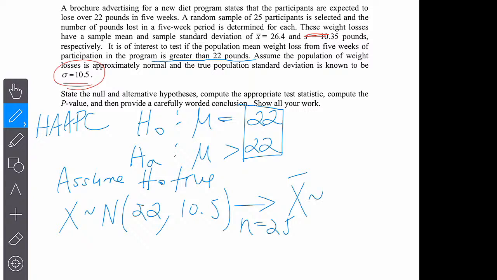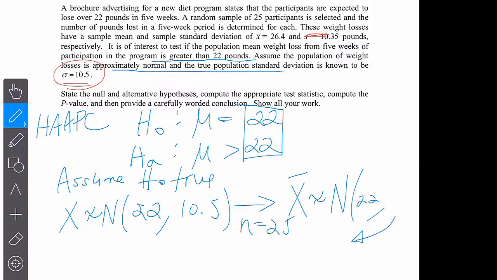Does it say anything about normality here? Yes. It tells you approximately normal. So this is saying that this is approximately normal. So that means the sample mean is approximately normal with a mean of 22 and a standard deviation.